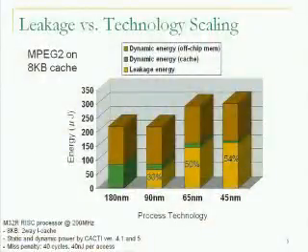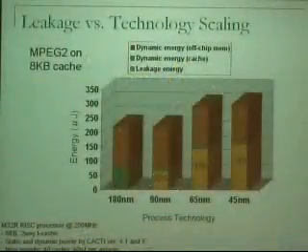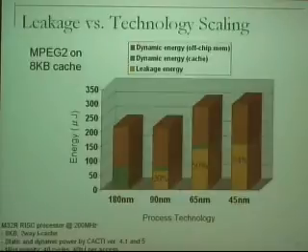The final result is that for a given application, say here an MPEG-2 application, when going from 180 nanometer technology down to 45 nanometer, the share of leakage in the total energy consumption of the system is increasing very highly.